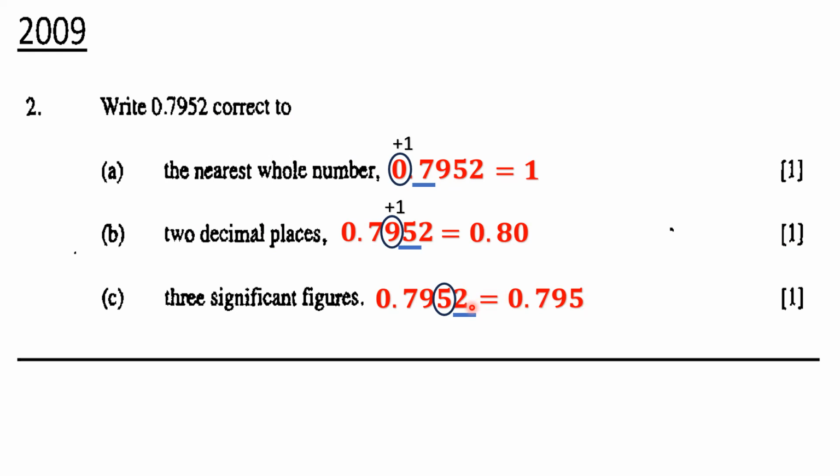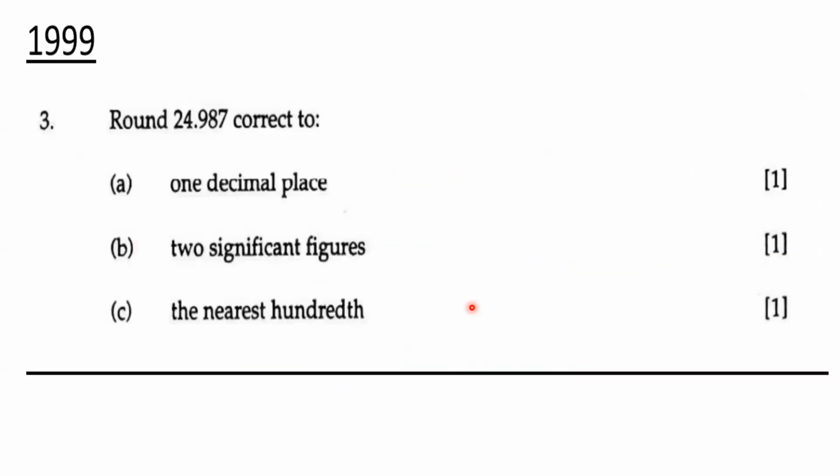All right, let's move on to the next question. It says round 24.987 correct to 1 decimal place. When they ask us correct to 1 decimal place, what they're basically asking is that we want to round it to the nearest tenths. The number that's in the tenths place is 9.